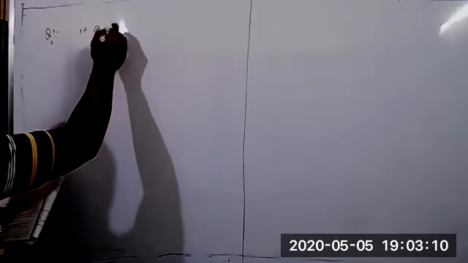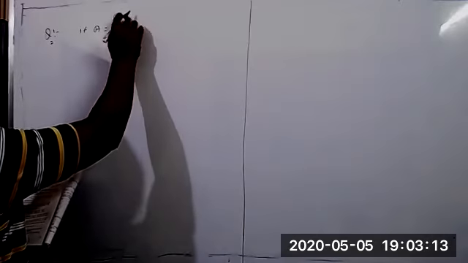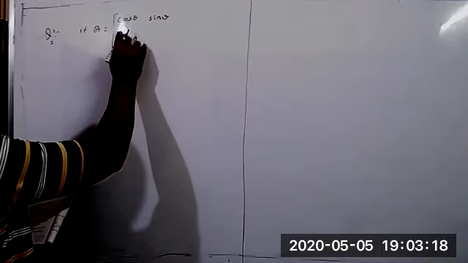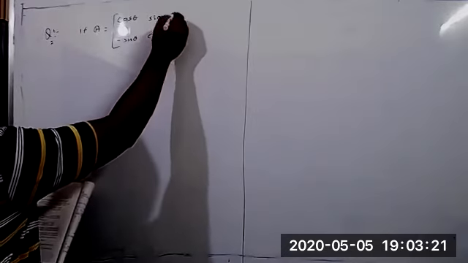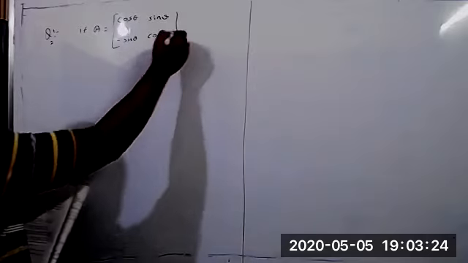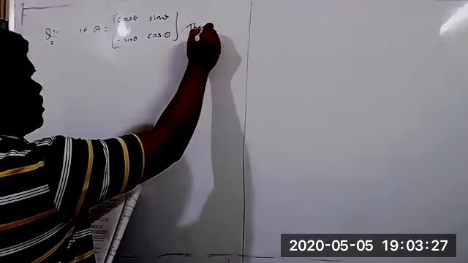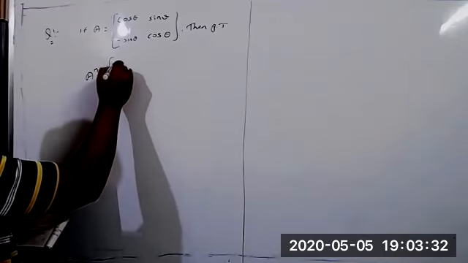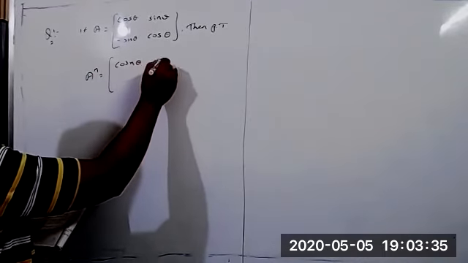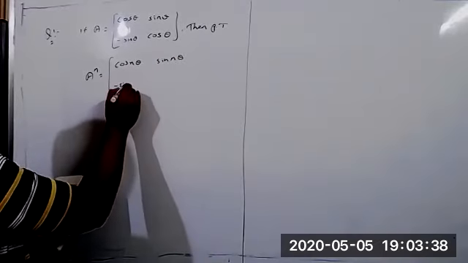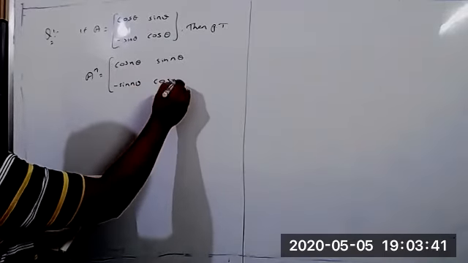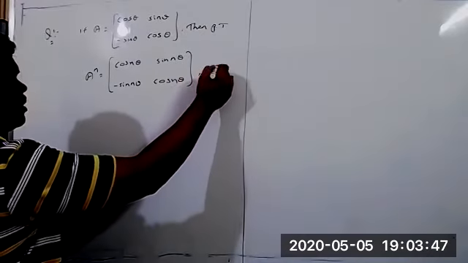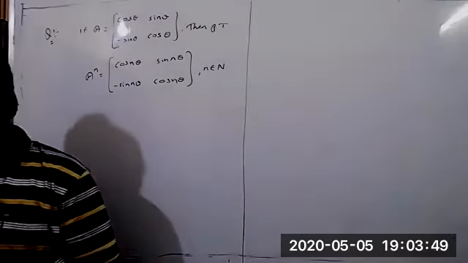If the matrix A equal to cos theta, sin theta, minus sin theta and cos theta, then we have to prove that A power n equal to cos n theta, sin n theta, minus sin n theta, and cos n theta. So we have to prove this one now, where n belongs to the natural numbers.